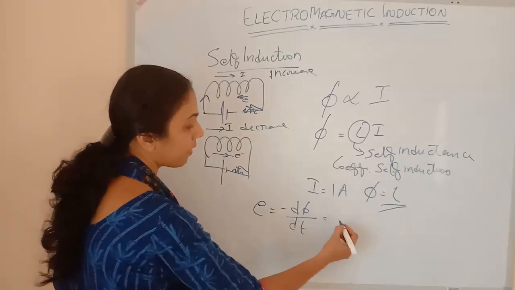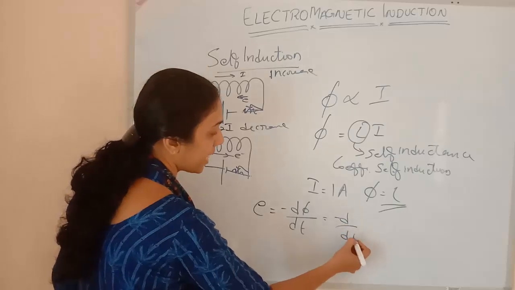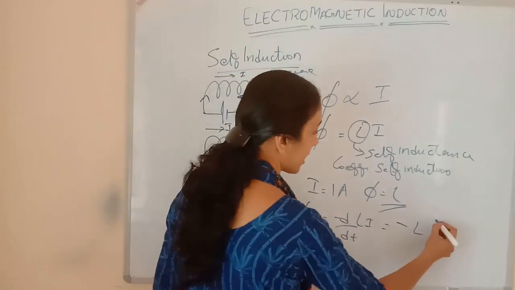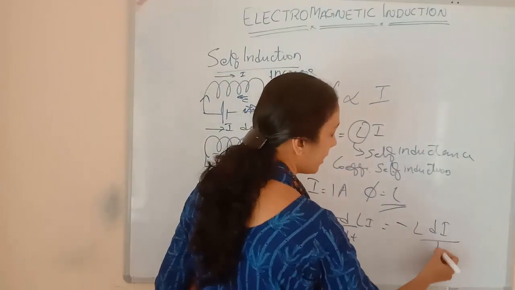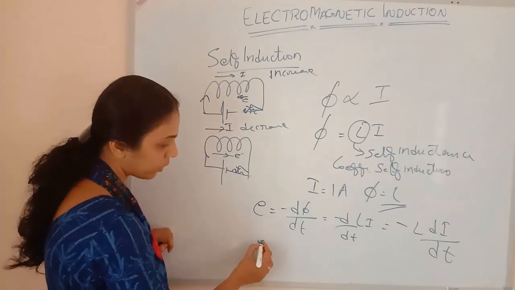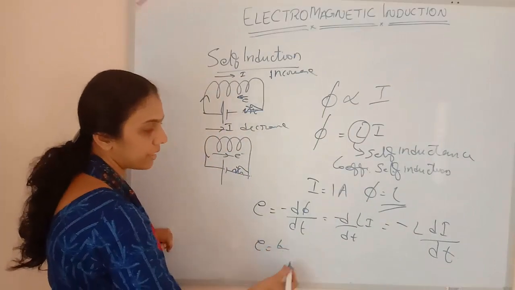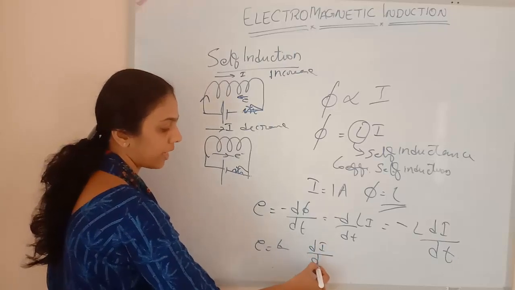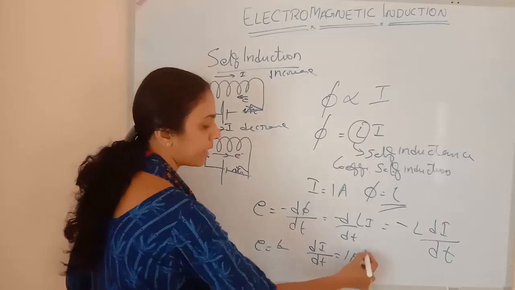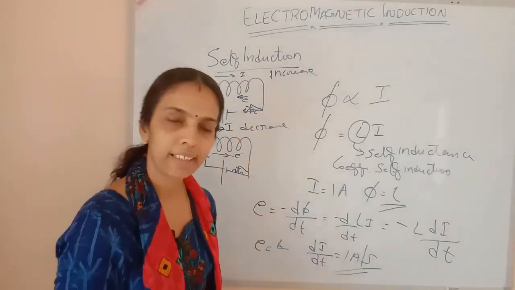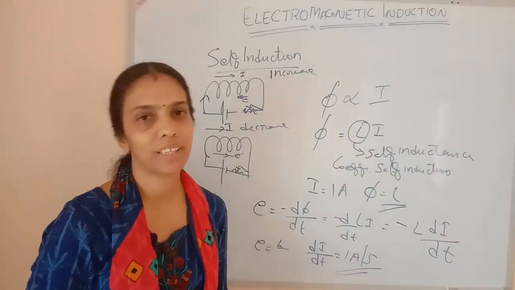Instead of phi, we can substitute L into I. So it is equal to minus L into di by dt. So the EMF induced equals the coefficient of self-induction if the rate of change of current is 1 ampere per second. In that way also we can define the coefficient of self-induction.